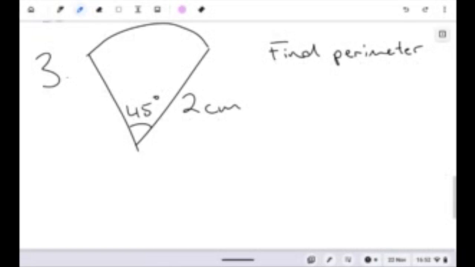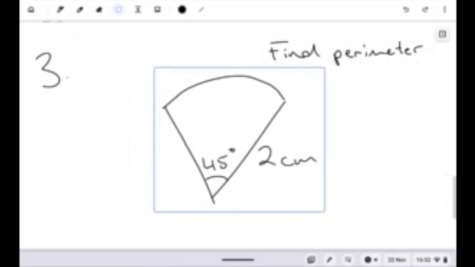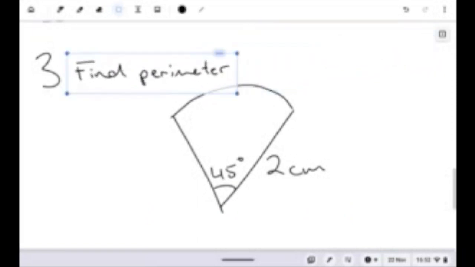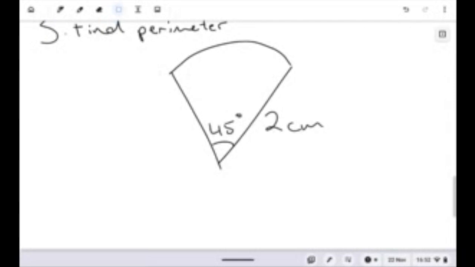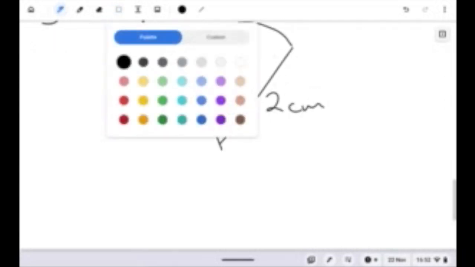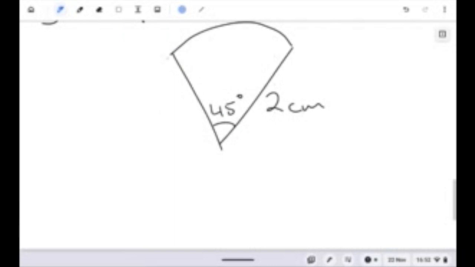Now here we can see 45 degrees have been taken out of my whole circle. So this thing here, let's just rearrange this a bit. If I consider this particular thing here, I can think of this as a portion of a whole circle.